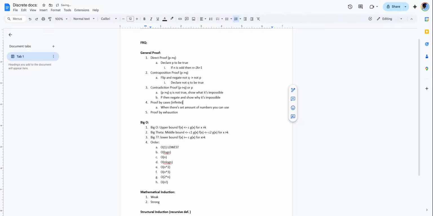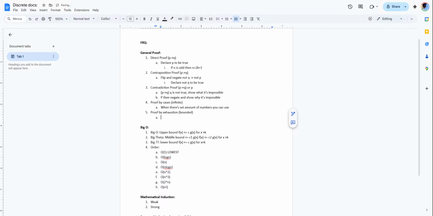When we're trying to do something infinite, and it's like proving something with the only possible values that it could have. Then proof by exhaustion is just bounded. So it's like if it's saying this is true on interval 1 through 4, it's super easy. Just use proof by exhaustion and go through 1 through 4. So set amount of possible numbers.